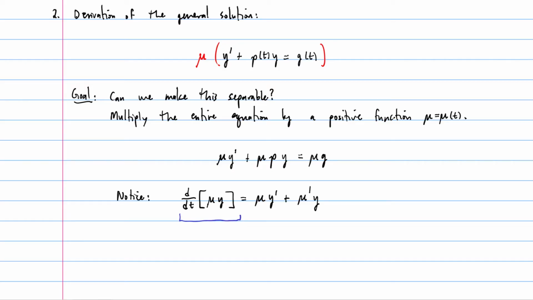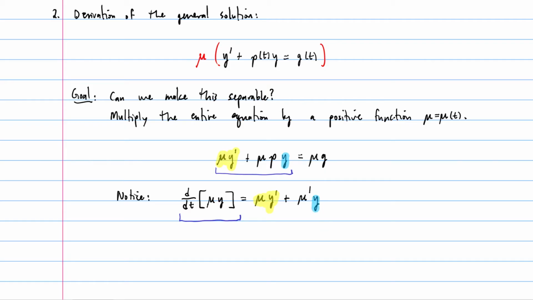What we do now is we just compare. So we compare what we have here to what we have up here. We want to compare these. It would be nice if they were the same. So I should rephrase this. We want to choose mu so that they are the same. And we notice that these terms are exactly the same, mu times y prime. Those are exactly the same. Over here, the y is the same.